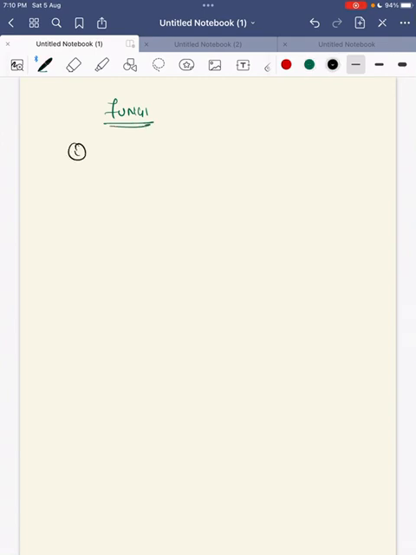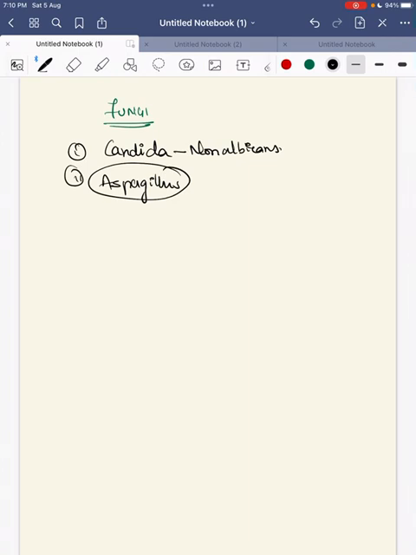Among the fungi, we have Candida. In Candida, the most common will be non-albicans. Second, Aspergillus. Aspergillus is common in children who have undergone hematopoietic stem cell transplantation.